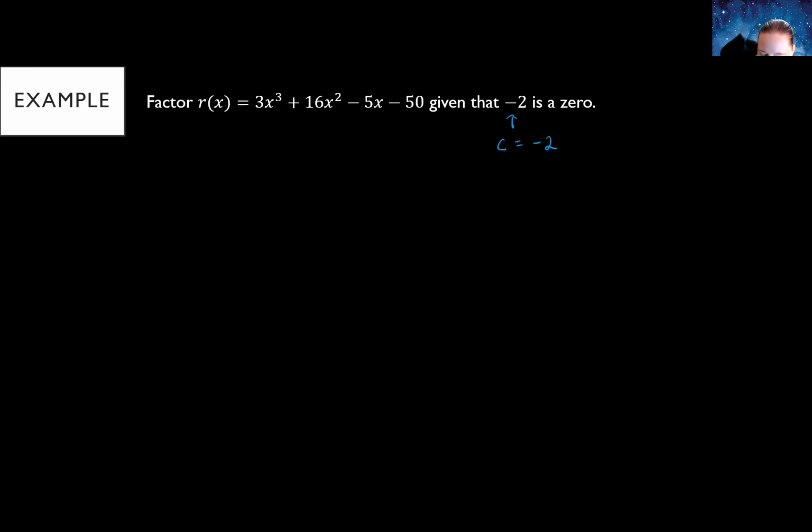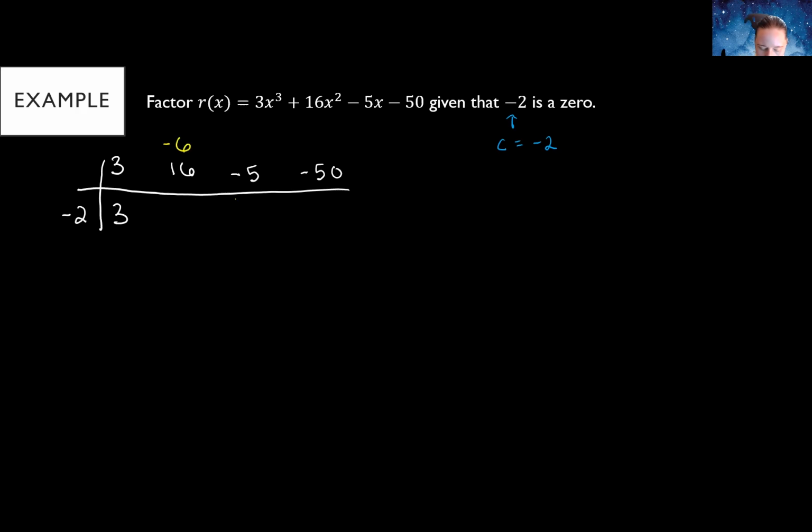So I need to set up my synthetic division. I've got 3, 16, -5, -50. And then I'm going to use -2. And so now we're just going to go through and do the synthetic division here.